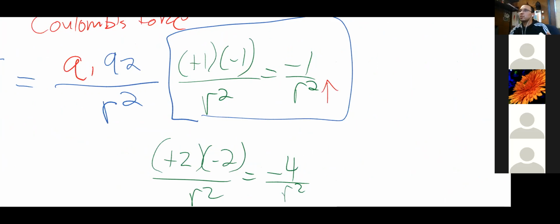Is it going to be stronger or is it going to be weaker? So as r squared goes up, our force is going to go down. So it's going to be weaker.